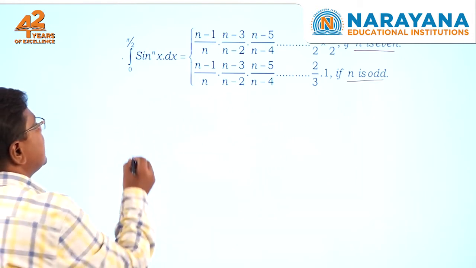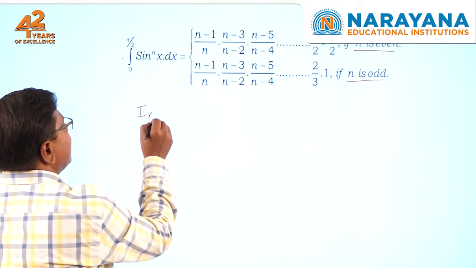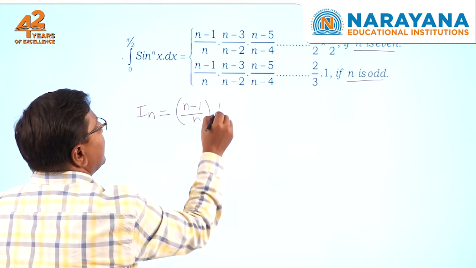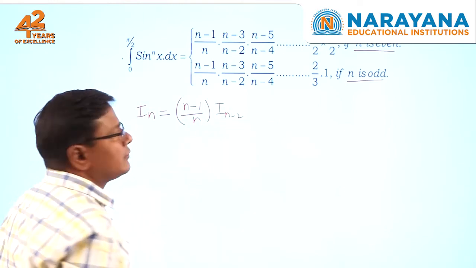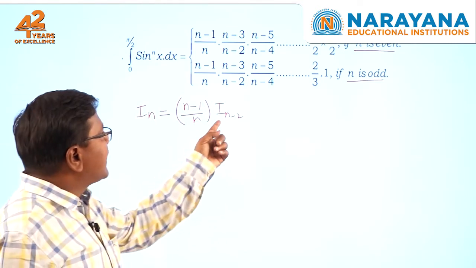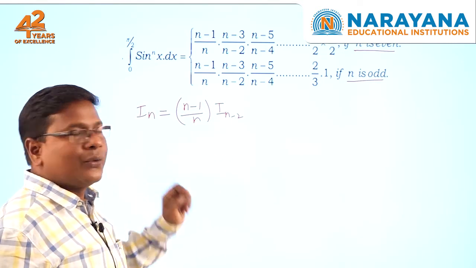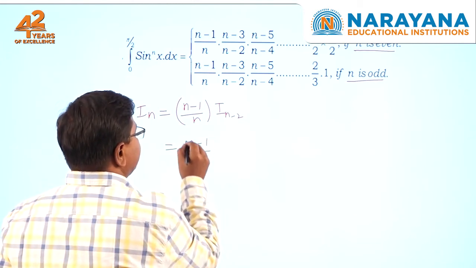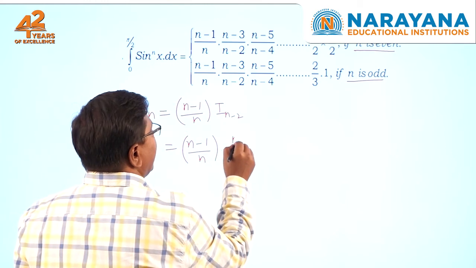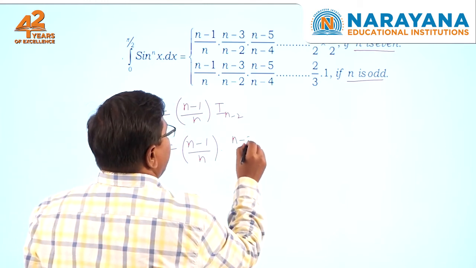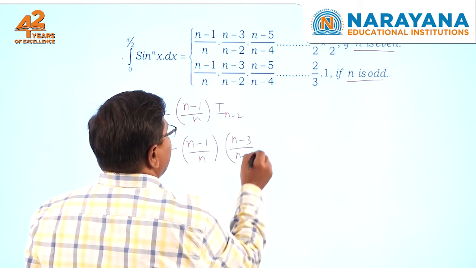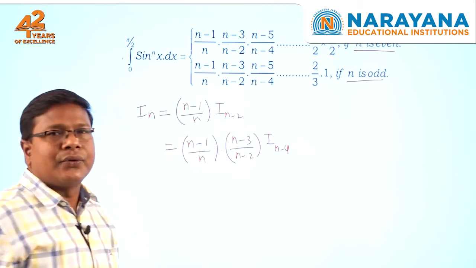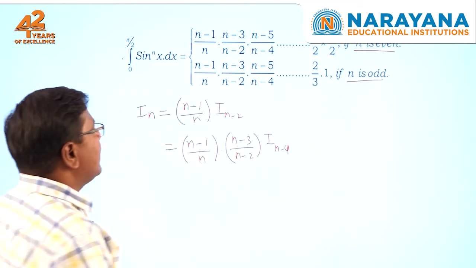Okay. So, the result we proved earlier is I_n equals (n minus 1) by n into I_(n minus 2), right. Further, if you extend this and write the value of I_(n minus 2), you get (n minus 1) by n into (n minus 3) by (n minus 2) into I_(n minus 4), and so on.